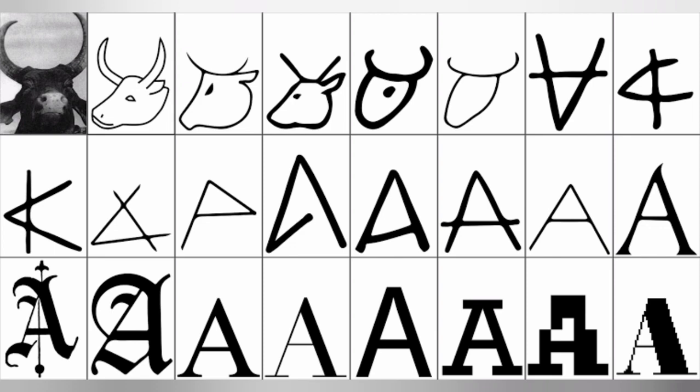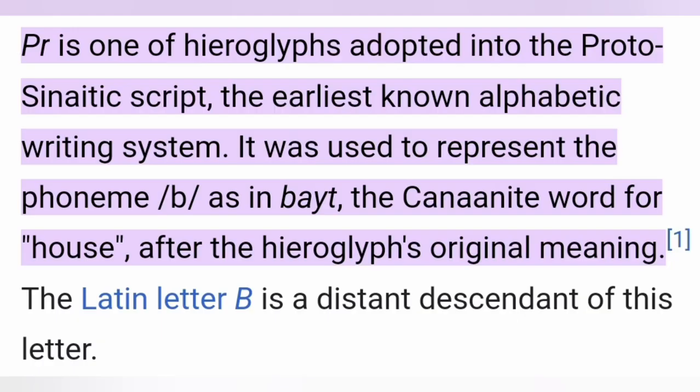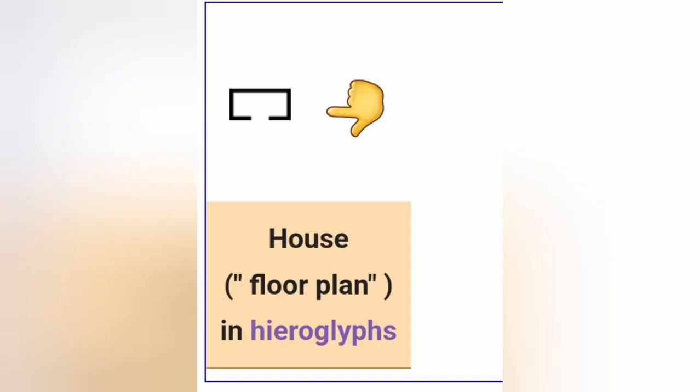Now for the letter B, which was Per in ancient Egyptian and Bait in Canaanite, the first letter B was used as the letter B, and this was still in Canaanite language. Believe it or not, this is where the letter B comes from. This is true for several other letters in the alphabet.